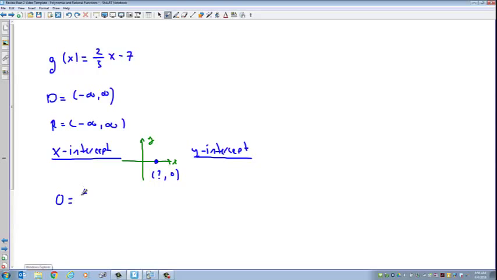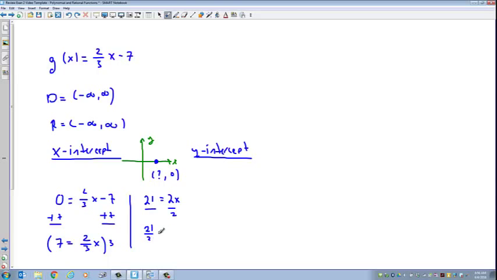So 0 equals 2/3 x minus 7. To solve this, you add 7 to both sides, and you get 7 equal to 2/3 x. You multiply everything by 3 to clear denominators, and you get 21 on the left and 2x on the right, and then divide by 2, and so 21/2 is equal to x.